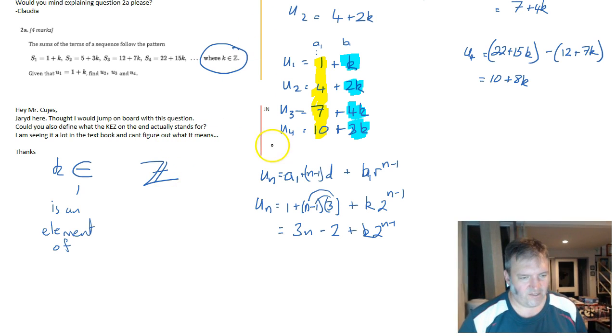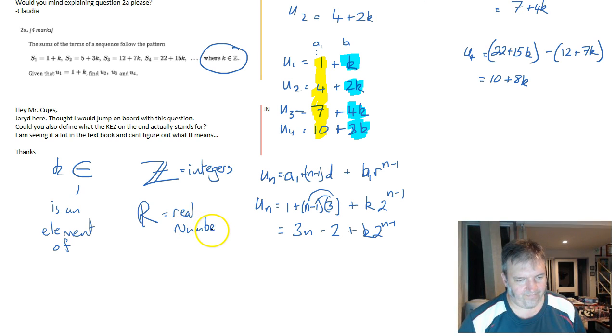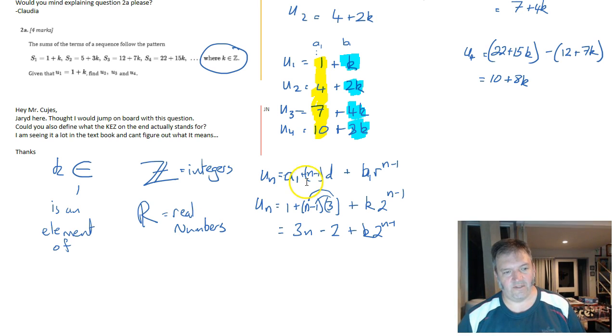Z is the set of integers, so they're the positive and negative whole numbers, or 0. R is the set of real numbers, so they're all the numbers that appear on your number line: integers, positive and negative whole numbers, and 0, plus all the fractions, all the repeating decimals, non-repeating decimals, etc. All right, I hope that helps.